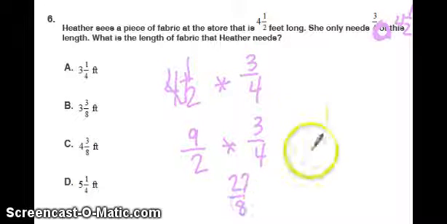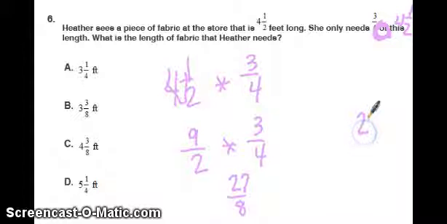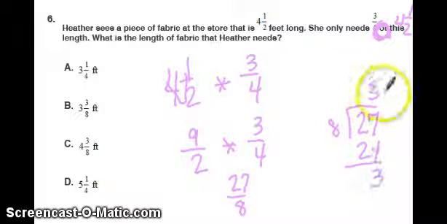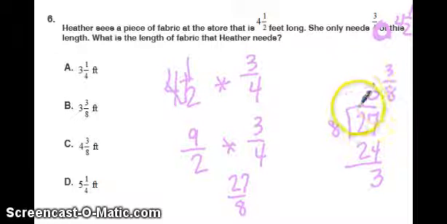Now, to turn it back into a mixed number, 27 goes inside the house, 8 goes in the outhouse. That will work 3 times. And I have 3 left over, so that is my numerator. 8 is still my denominator, so I'm looking for 3 3/8.